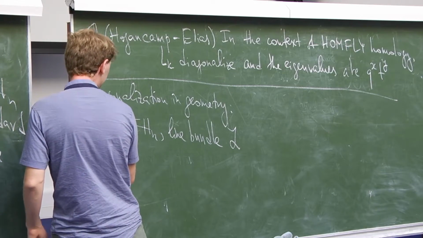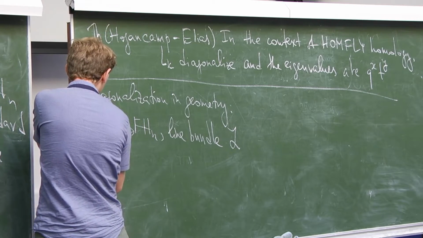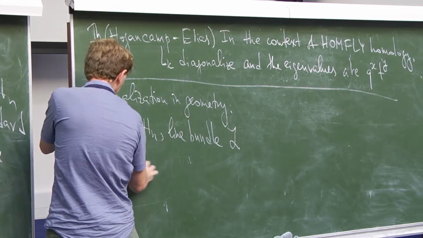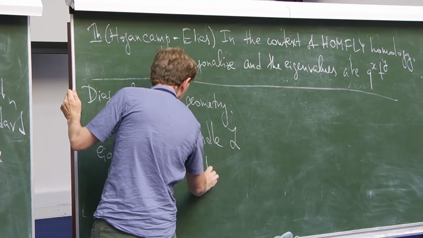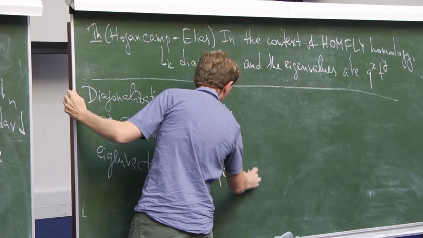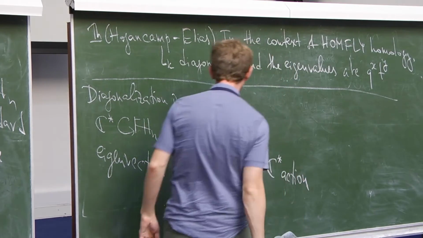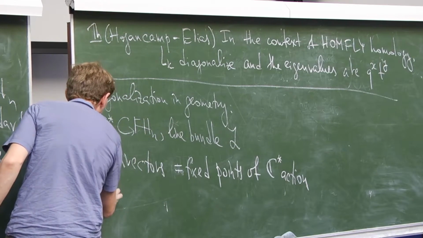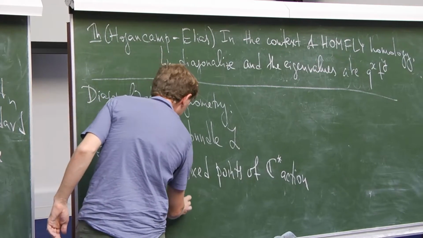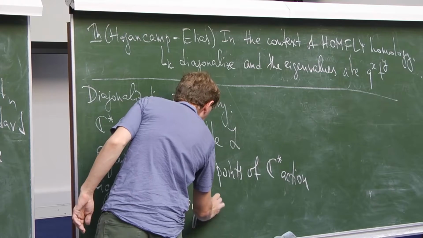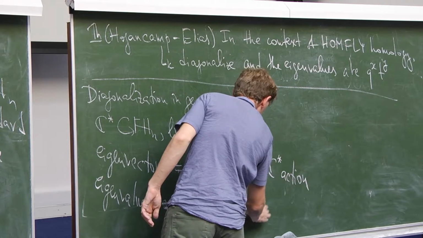So one possible definition of eigenvector and eigenvalue, again, there are some categorical versions, but naively you would say that eigenvectors are just fixed points of this action, and the eigenvalues are the weights of L at this point.